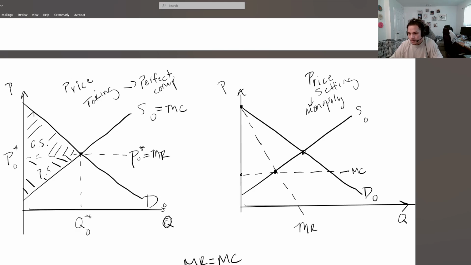Now, I want to recall back to our price-setting firm when we worked through that Excel sheet. We went through all those pieces, and we identified the point at which our marginal revenue was equal to marginal cost. In the figure for a price-setting firm, this looks a little different.